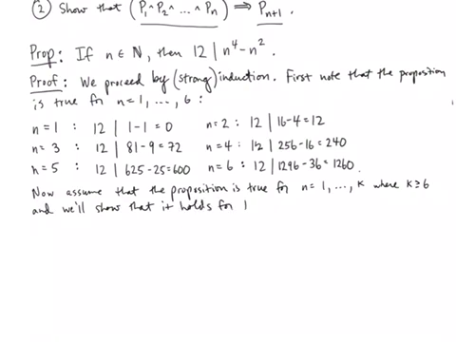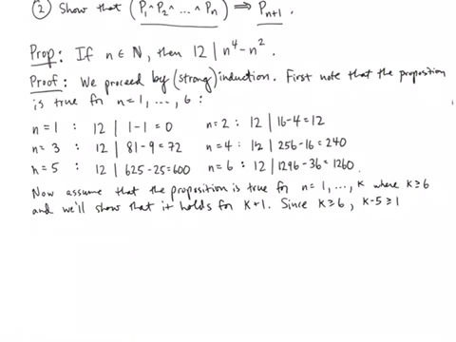for k plus 1. Now, as I said above, we will show that the proposition for k plus 1 follows from the proposition for k plus 1 minus 6, that is k minus 5. So since k is greater than or equal to 6, k minus 5 is greater than or equal to 1.